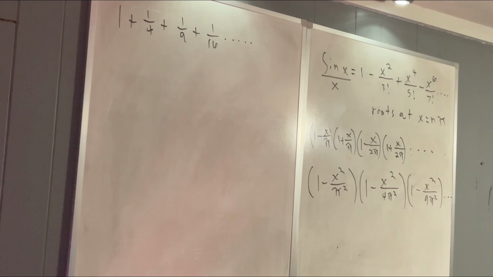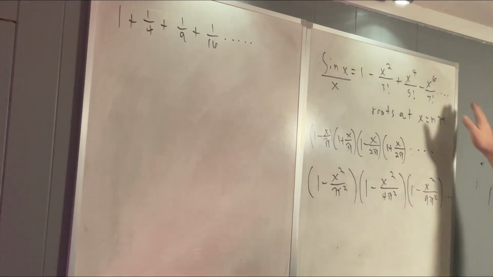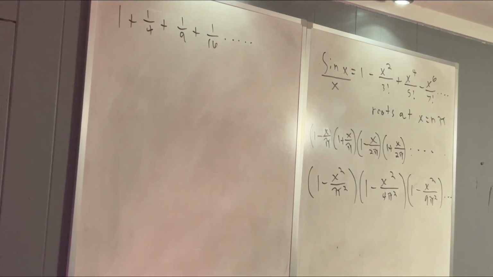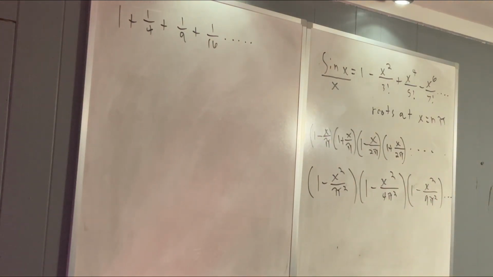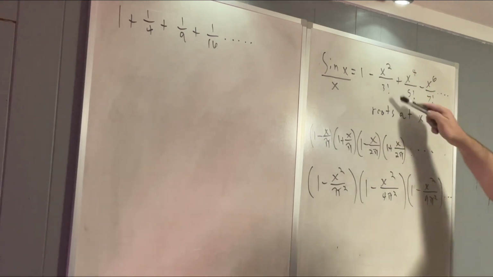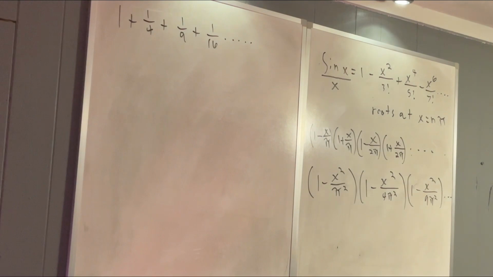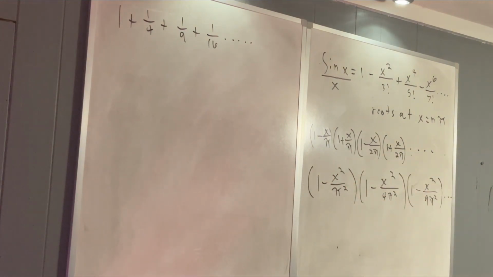We know they're going to be equal. The x cubed terms of this would equal the x cubed terms of this. In other words, 0 would equal 0 because there are no x cubed terms in there. But the x to the 4th terms of this would also have to match up perfectly with the x to the 4th terms in our infinite product. So what am I saying really?